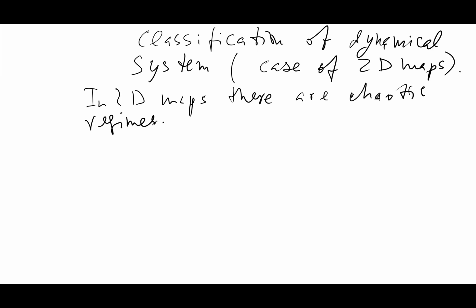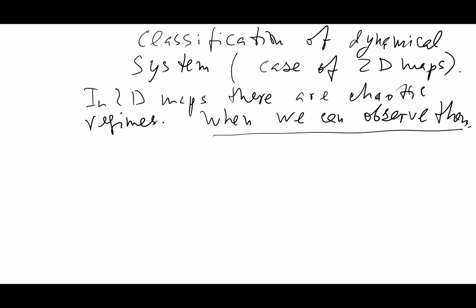And then the next question would be when we can observe them. To answer this, we first make classification of dynamical systems.